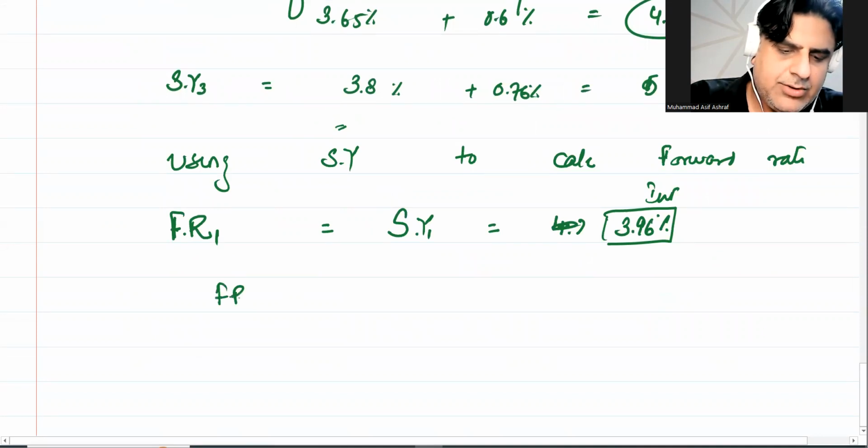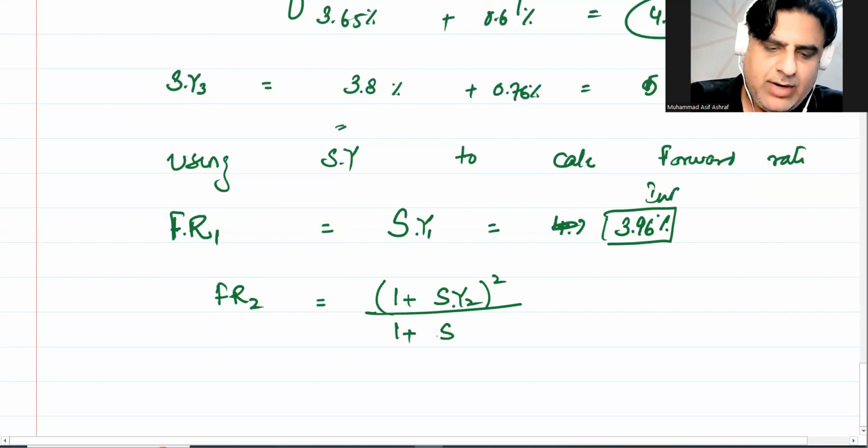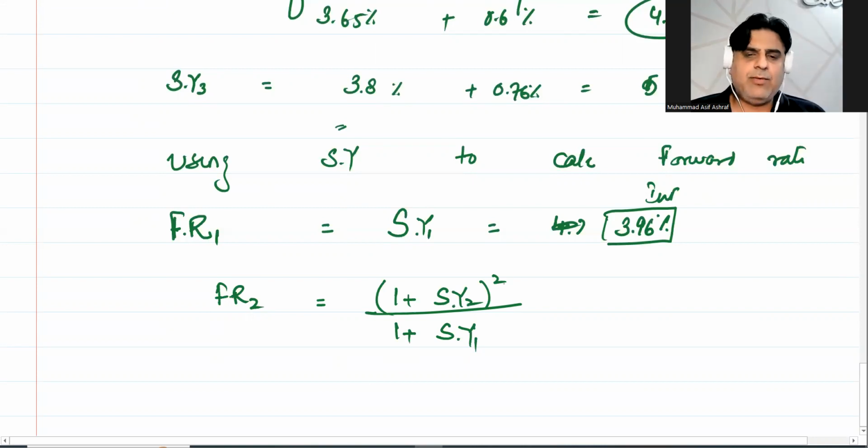Forward rate of year 2, 1 plus spot yield of year 2 raised to the power 2 divided by 1 plus spot yield of year 1. In numerator, you will put the spot yield of the year for which you have to calculate the forward rate, take its square, minus 1.